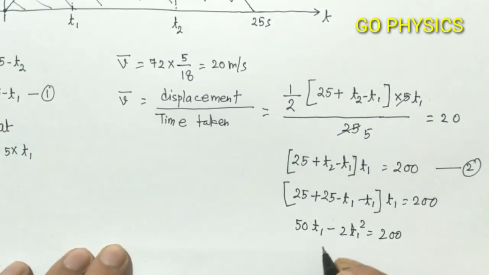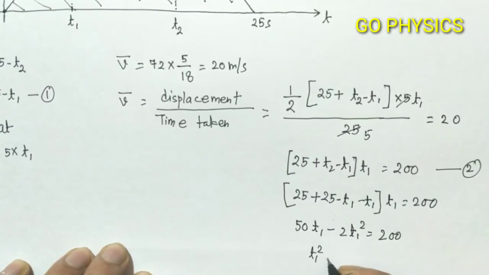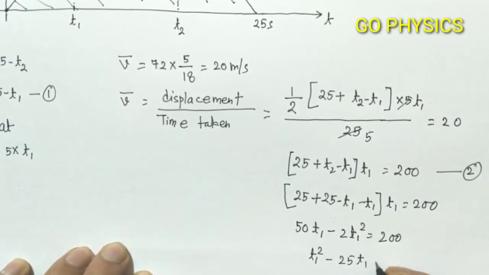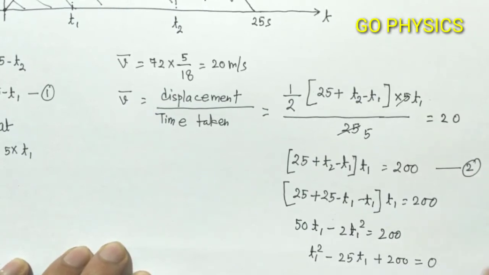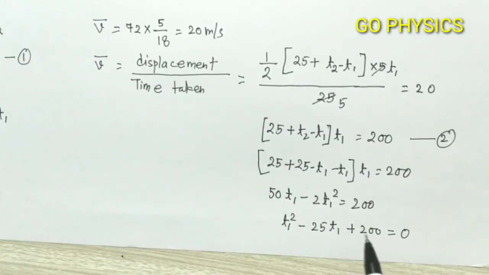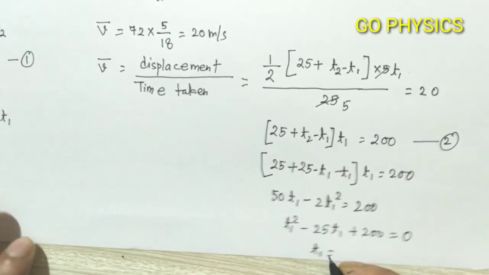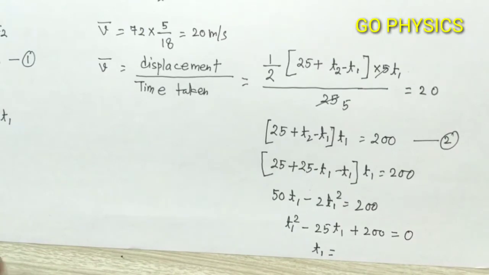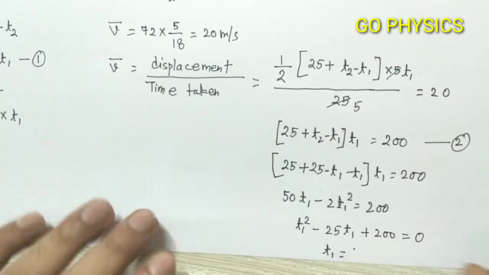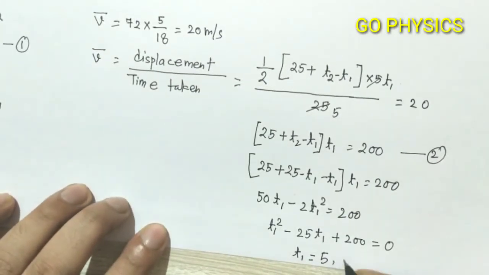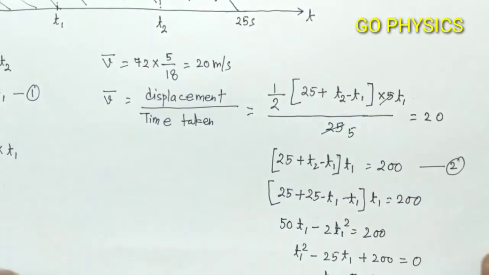So we can write this as t1 square minus 25 t1 plus 100 equal to 0. Now it is a quadratic equation, and if we find the roots, we will get t1 equal to 5 and 20. These are the two roots of the given equation.